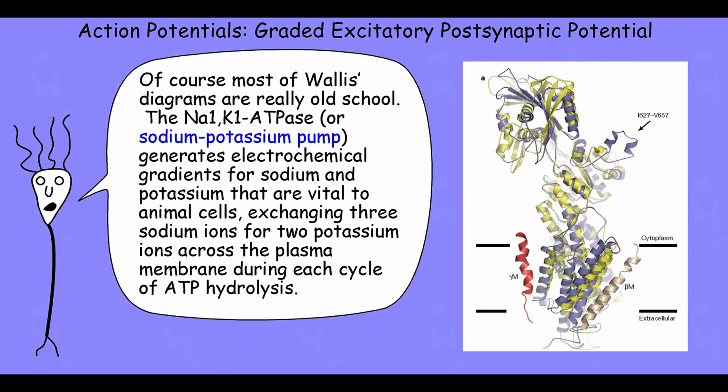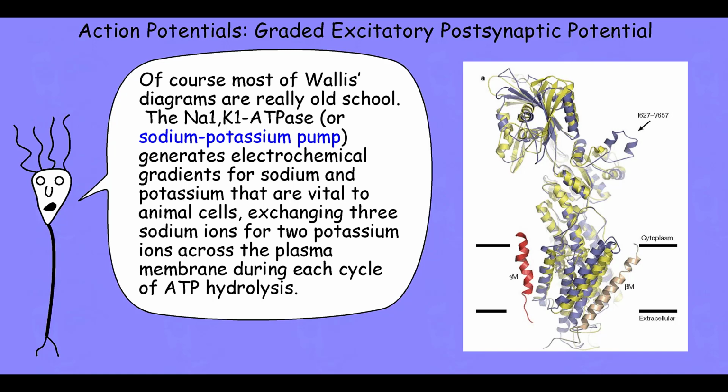membrane. Now, of course, most of my diagrams are pretty old school. The Na+/K+ ATPase, or sodium-potassium pump, is actually a complicated protein structure in the membrane that generates an electrochemical gradient for sodium and potassium. As a result, it's capable of exchanging 3 sodium ions, that is, booting 3 sodium ions out and pulling 2 potassium ions in.